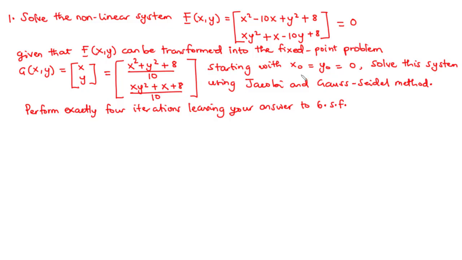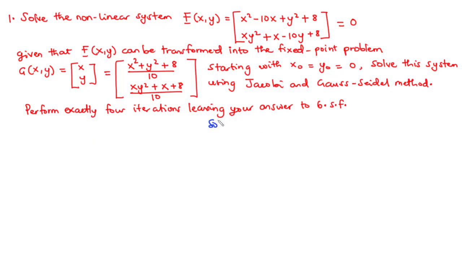Now starting with an initial guess of x naught equals y naught equals 0, we are going to solve this system using first of all the Jacobi iteration method, and then secondly the Gauss-Seidel iteration method. And then we are asked to perform exactly 4 iterations, leaving our answer to 6 significant figures.